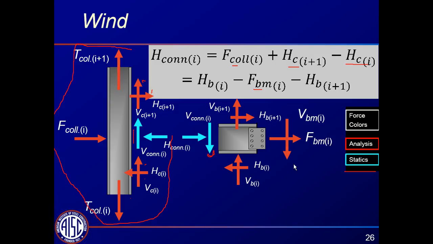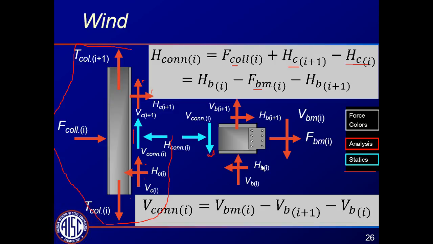Now, we can solve for the vertical force using this free body diagram. We know the shear in the beam. We know the shear coming from this gusset plate, the shear coming from this gusset plate, and the shear on that connection can be solved for.